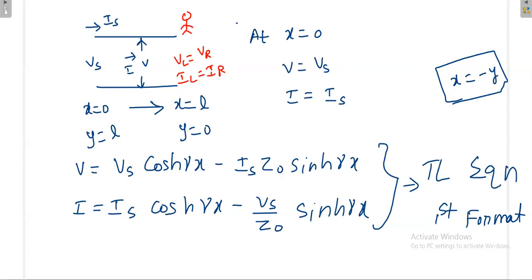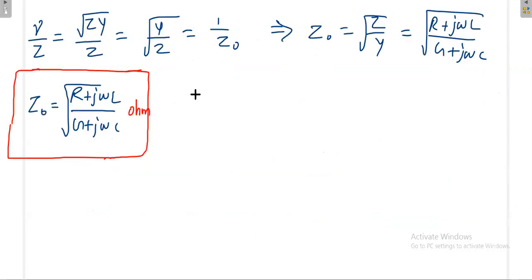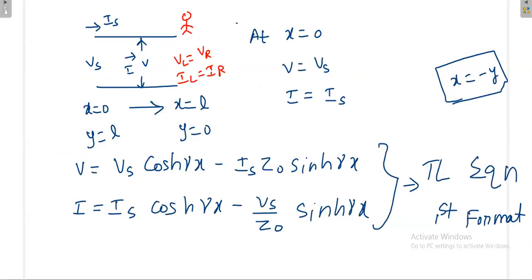Now what happens once you put that condition? When x is equal to L, V is equal to VL and I is equal to IL. Then you just substitute. This is the base equation. Instead of x, you substitute L; instead of V, VL; instead of I, IL.